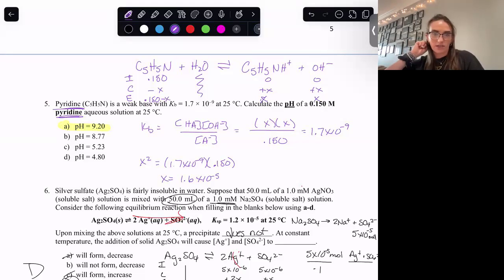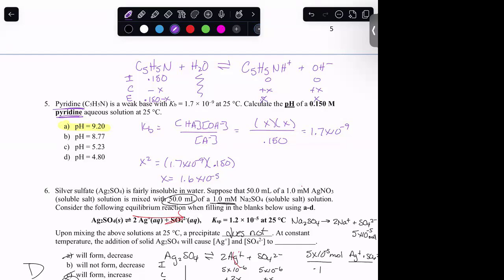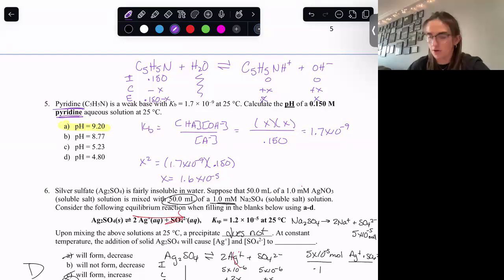What does that give us? What does X give us, and what can we use from X? OH. Perfect, right? So that's a concentration of OH.